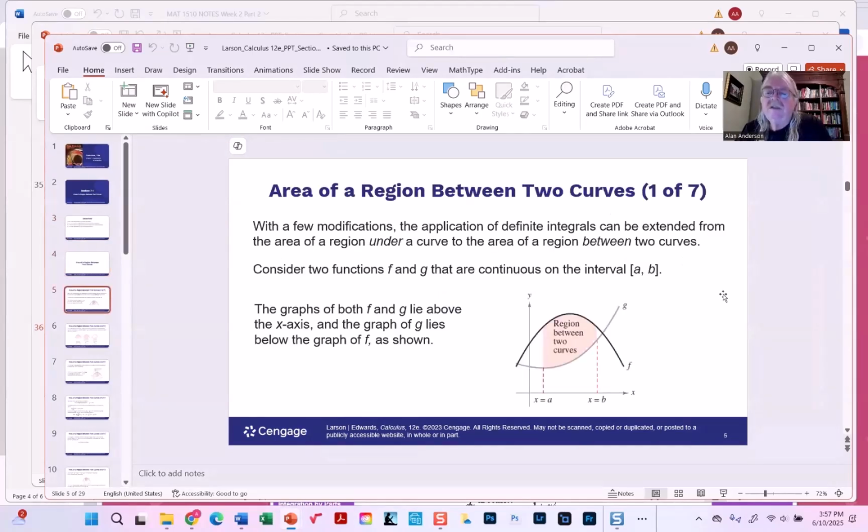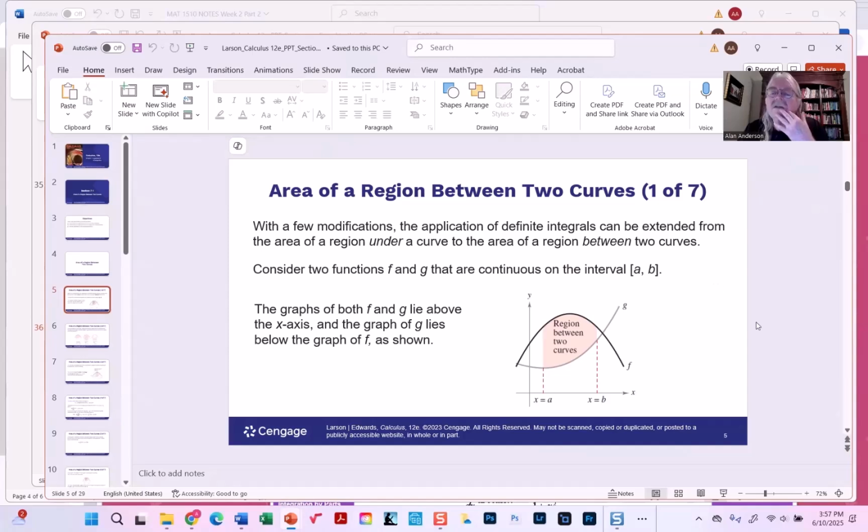For example, what they're going to do here is show us how we can now integrate between two points and come up with the area between not just a curve and the horizontal axis, but between two different curves. This is the first time we've seen this.